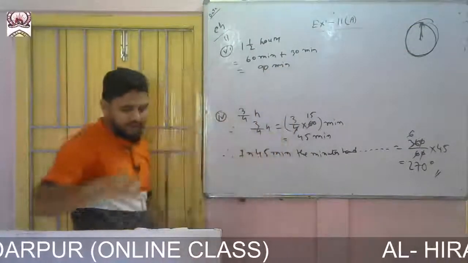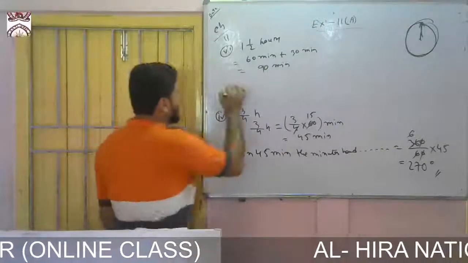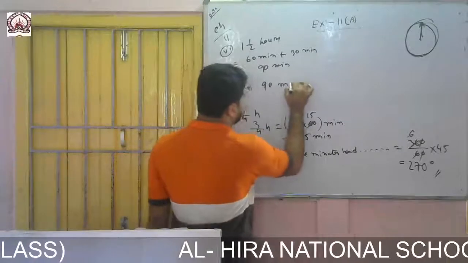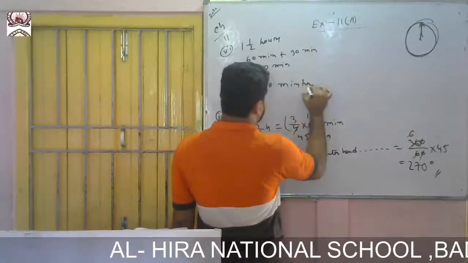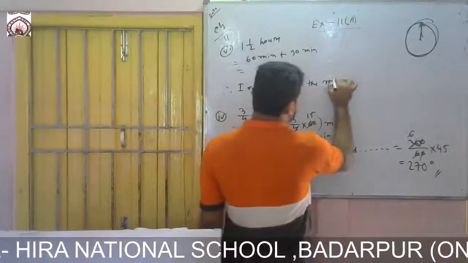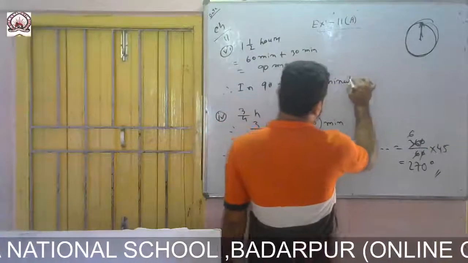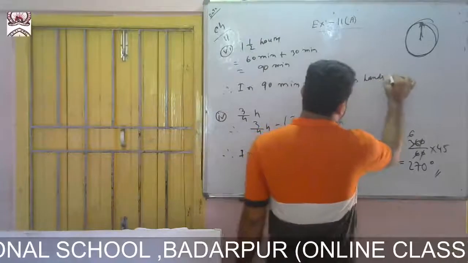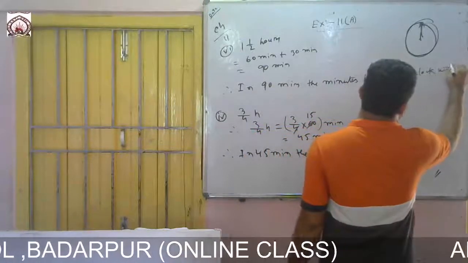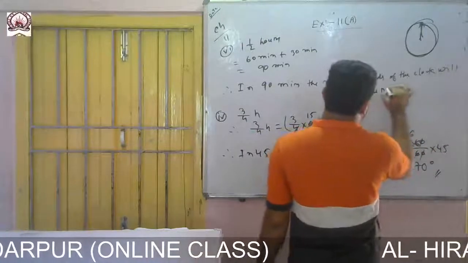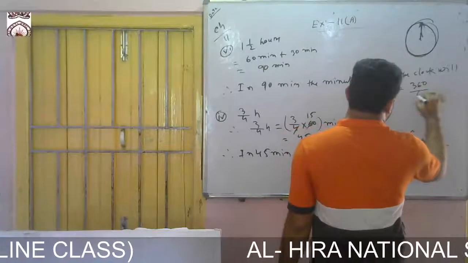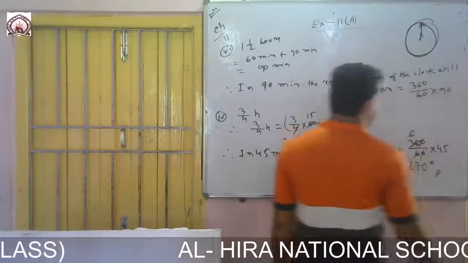That means I need to find for 90 minutes. Therefore, in 90 minutes, the minute hand of the clock will turn equals 360 by 60 into 90.